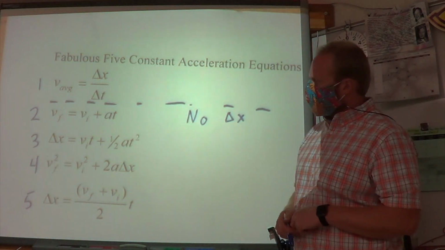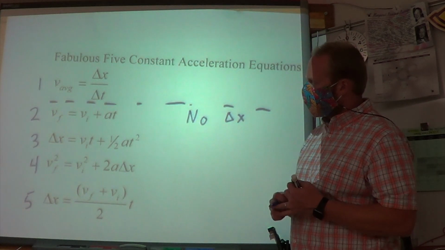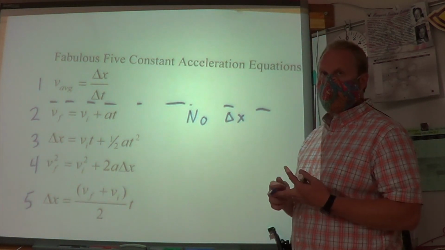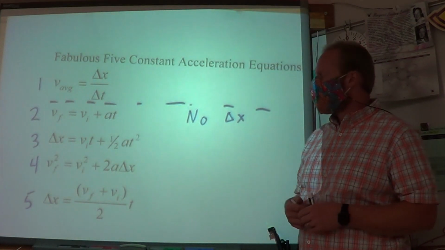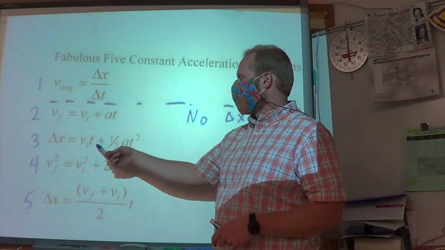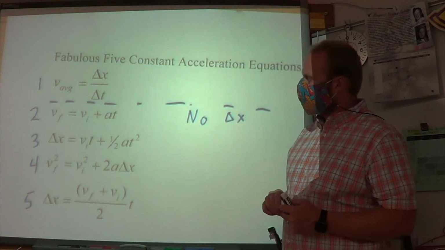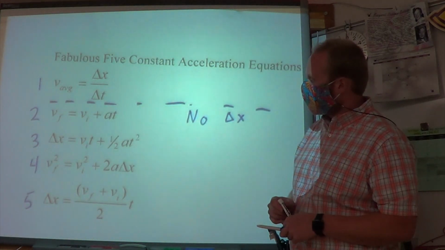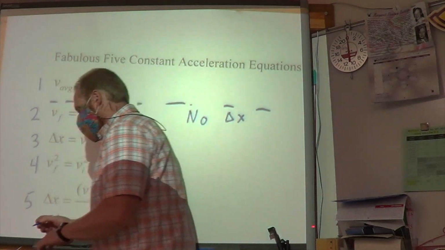If we look at equation number 3, we have a delta x, we have a vi, we have a t, we have a number, 1/2, we have an a, and then we have a t squared. T and t squared are the same variable, just keep that in mind. But we're missing a variable, and the variable that is missing here is Vf.